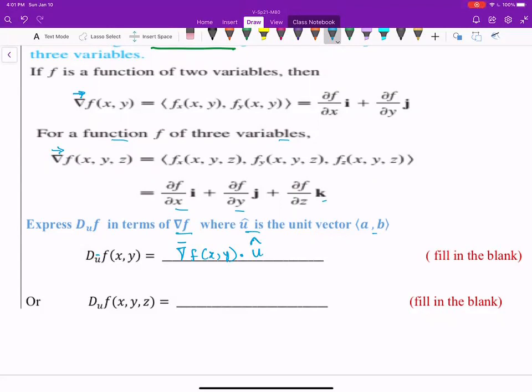For 3 dimensions, Du f of x, y, z is the gradient vector del f at x, y, z dot the unit vector u.